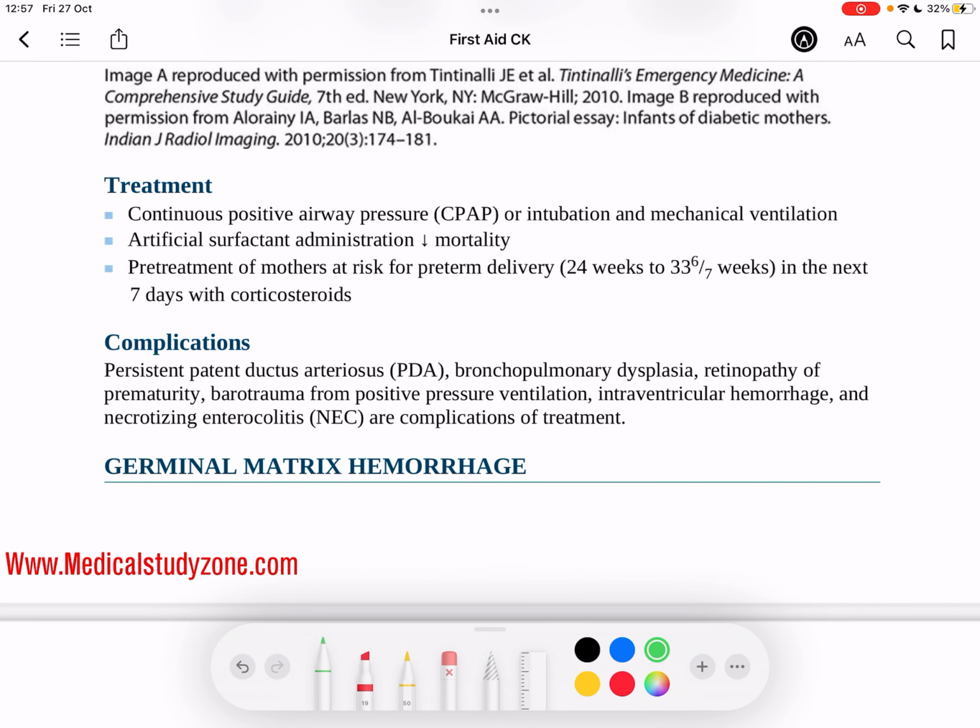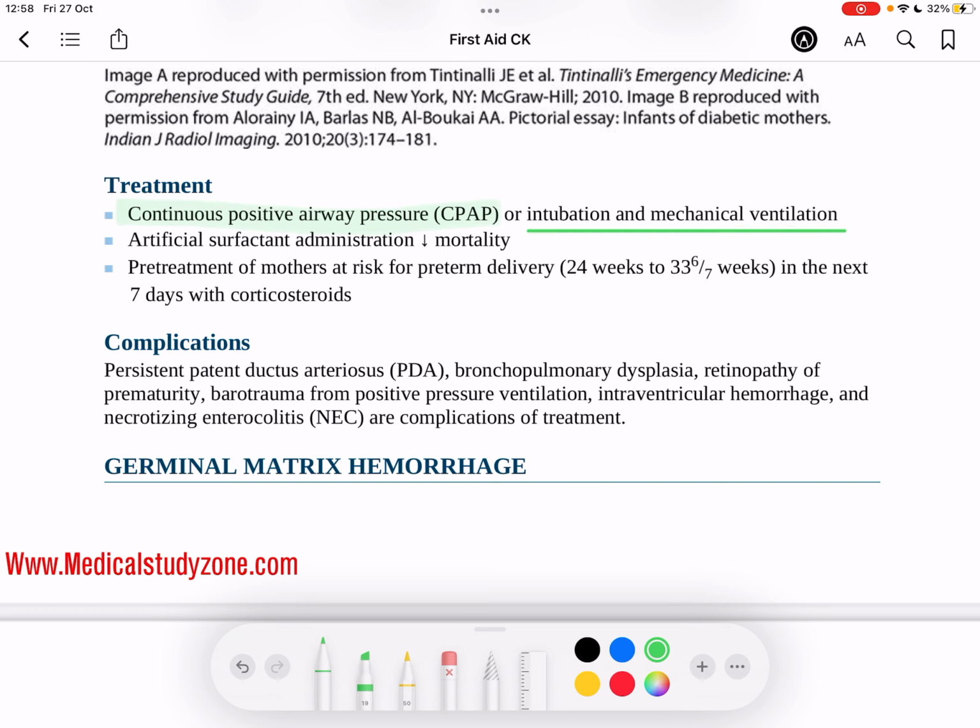Regarding treatment of NRDS, one of the most important things you do is give CPAP, okay? Giving CPAP is going to provide a continuous airway pressure, and that's going to prevent collapse. If the patient continues to have hypoxemia and respiratory distress, we can consider intubation and mechanical ventilation.